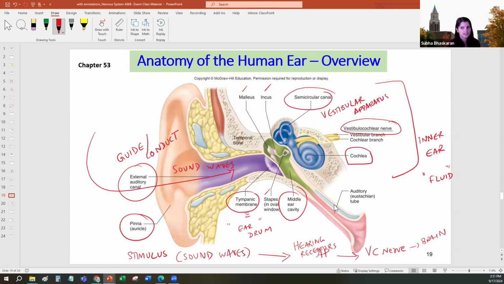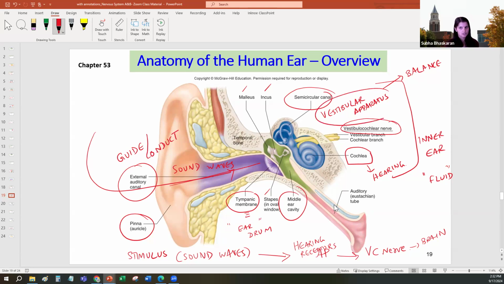One helps with sensing balance and the other helps sense hearing. Okay, so again, these anatomical structures help us understand how things are processed in the body. Are we good? The external auditory canal takes it, middle ear, inner ear, cochlea.